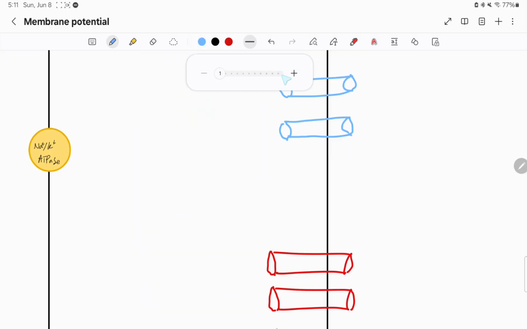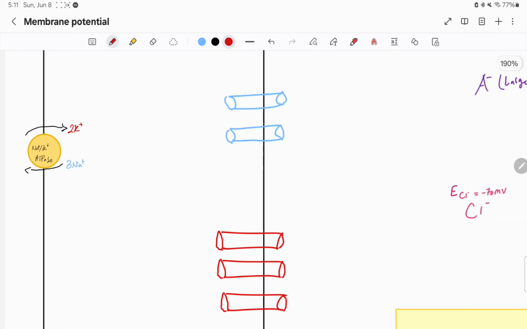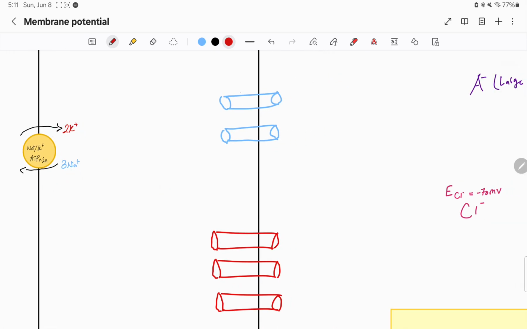We said that this guy is responsible for taking 3 sodium ions from inside the cell and pushing them out, and taking 2 potassium ions from the outside of the cell and bringing them in. So, 3 sodium out, 2 potassium in.